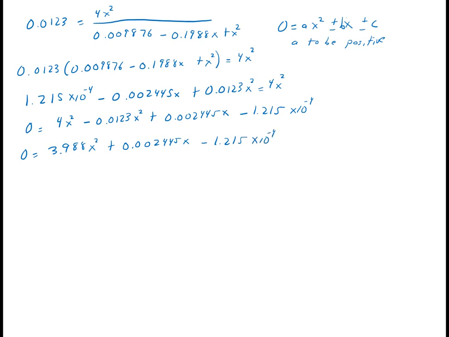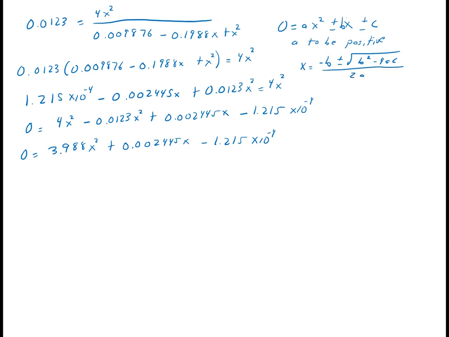And then the formula that I gave you that's not at the end of the chapter, I said there was going to be one for this semester, is the quadratic formula. That x is equal to negative b plus or minus the square root of b squared minus 4ac over 2a.